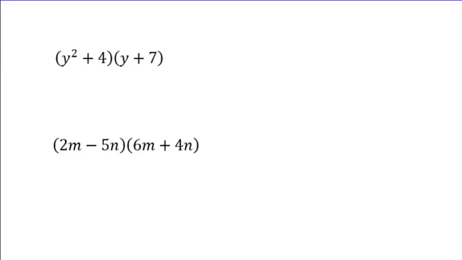So here goes. I'm going to apply the FOIL, first, outers, inners, lasts, to each of these two problems. For this first problem, my firsts are y squared and y. When I have y squared times another y, that gives me y to the third power. My outers are y squared times 7, and so that is a plus 7y squared.